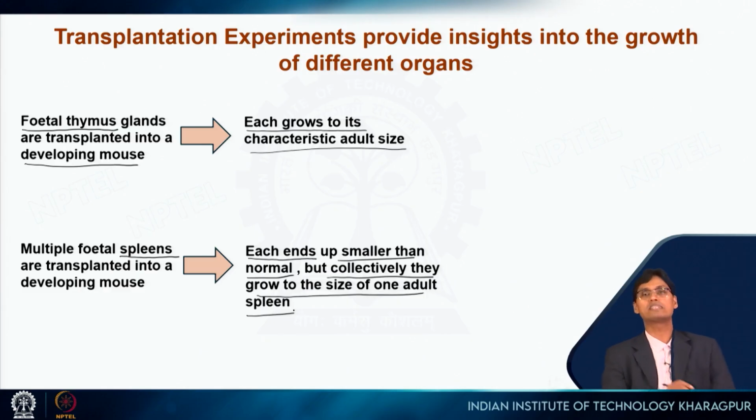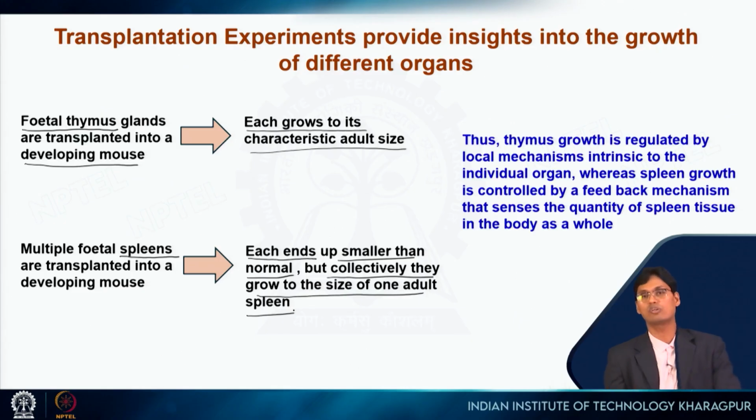This is very interesting: all those spleens didn't grow, they are a very miniature size, but if you add up all of them together, you will find their total mass should be that of a single spleen of a control mouse. So what we would like to conclude is that thymus growth is regulated by a local mechanism intrinsic to the individual organ.